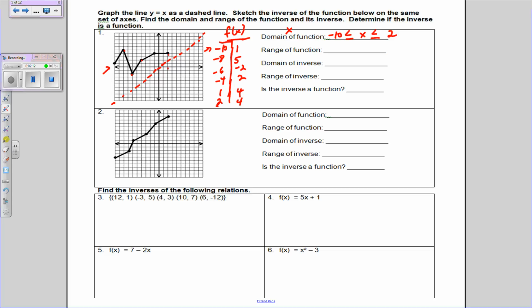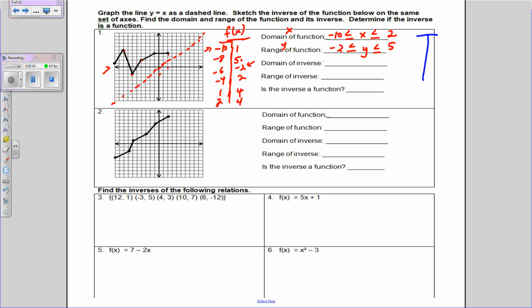The range, we want to look at the y-axis, and the lowest it has, or you can look at the table, the lowest value is negative 2, less than or equal to y, less than or equal to, and the highest value is here, or you look at the graph and see its high as it goes is 5. It passes the vertical line test, so we'll check the inverse in a minute, because that's all you're asked for here.